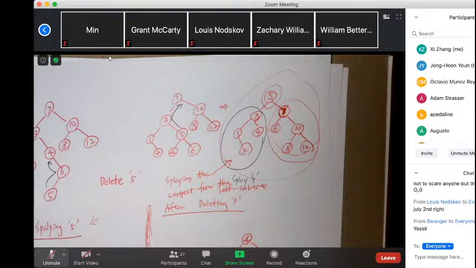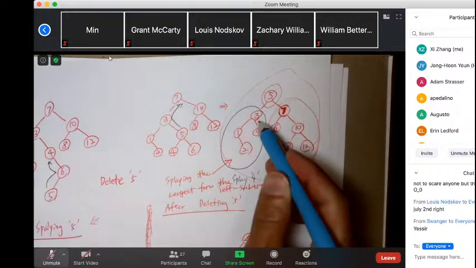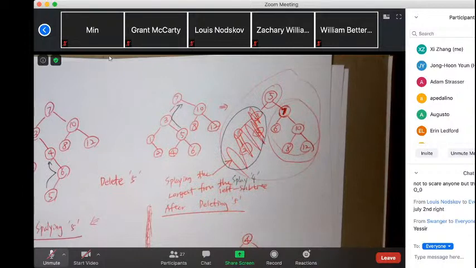If the left subtree is empty, then you just need to remove the root of the tree. You don't have to splay if that's the case. For example, if 5 doesn't have any left subtree, then after deleting 5, just 7, and 7, 6, 10, 8, 12.